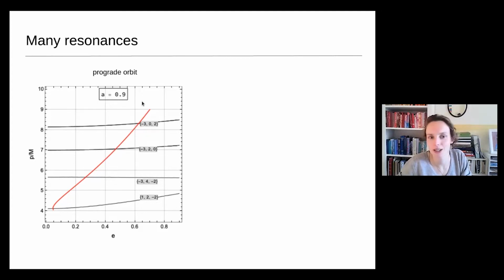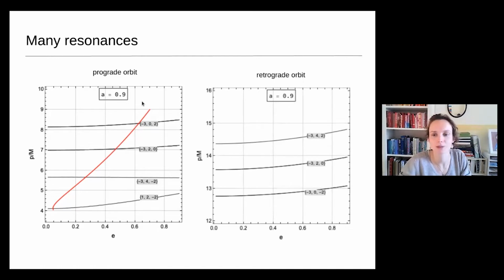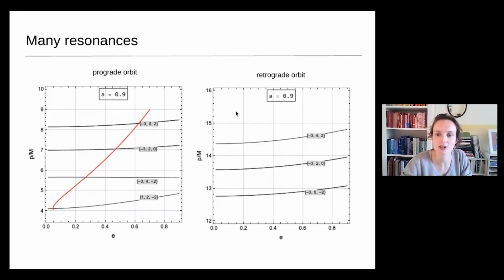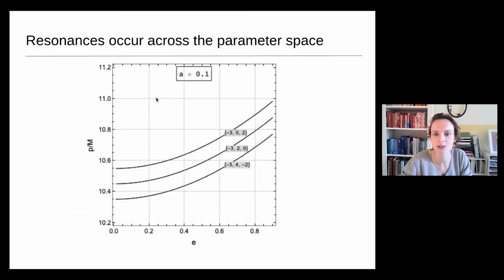And this happens for prograde orbits, but also retrograde orbits. The location of the resonances shifts. Maybe the type of resonance you will encounter will be slightly different. But the point is, you have many of these surfaces and many of these resonances that you'll encounter. And they really happen across the parameter space. So here I showed you fast spinning black holes, but they also occur for slowly spinning black holes. So resonances happen across the parameter space.